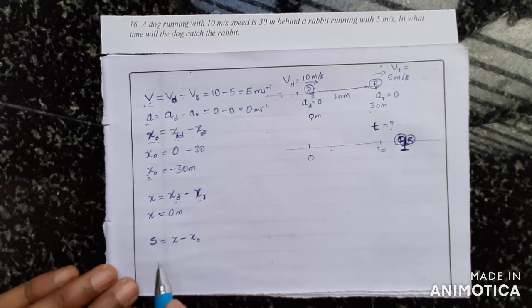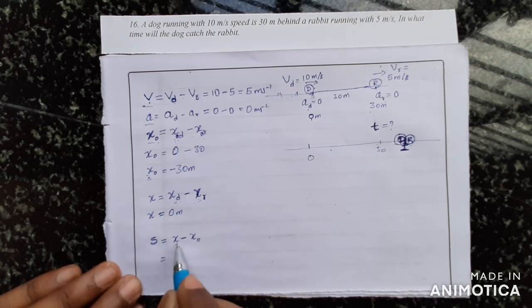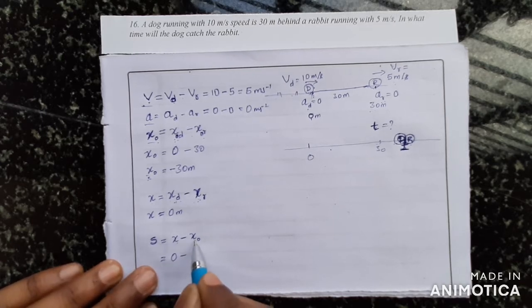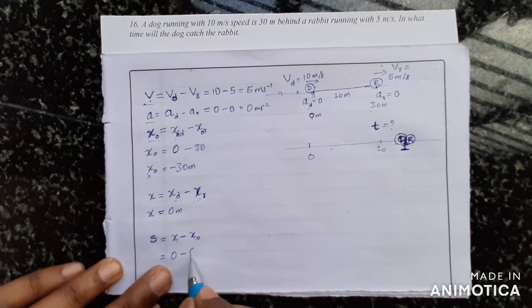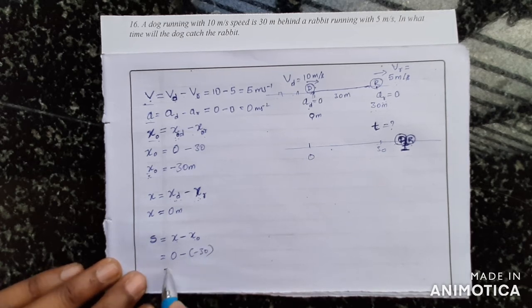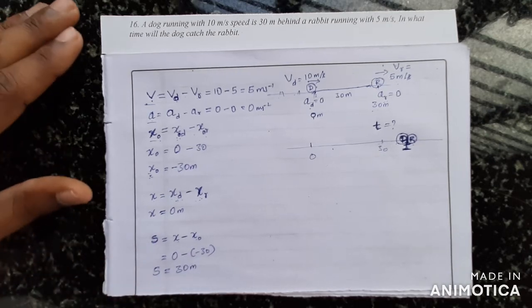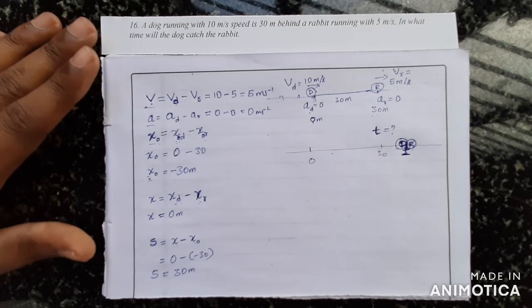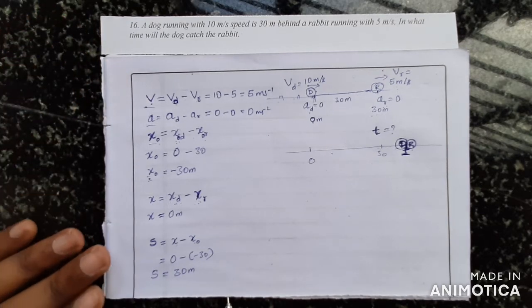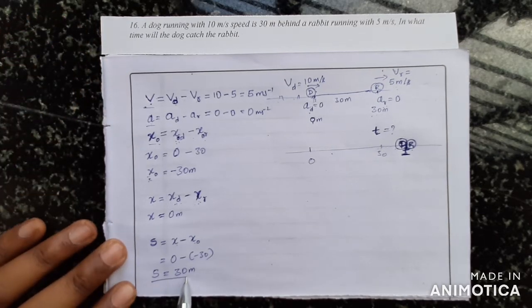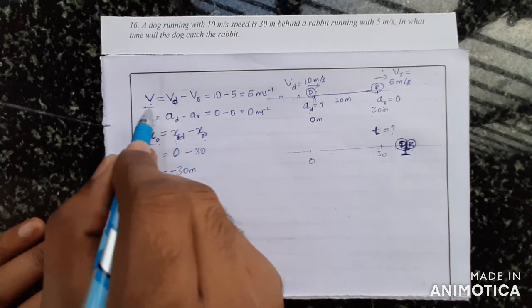So now what is relative final position? 0, minus what is relative initial position? Minus 30. So minus of minus is plus 30 meter. This is the relative displacement of the motion. So now I have relative displacement and relative velocity.